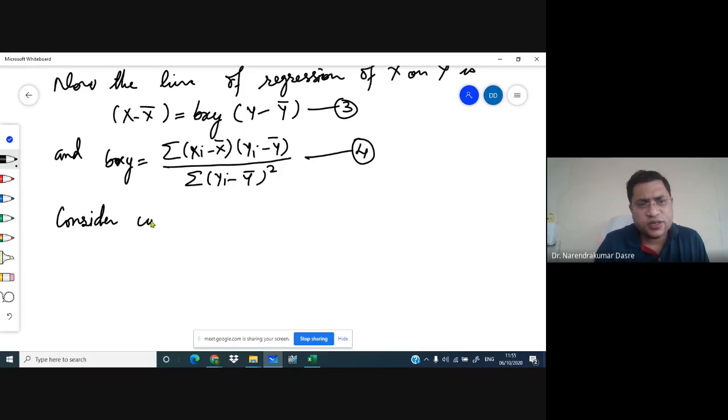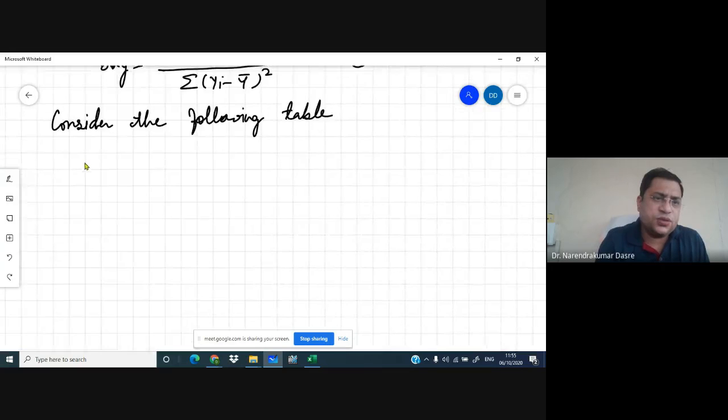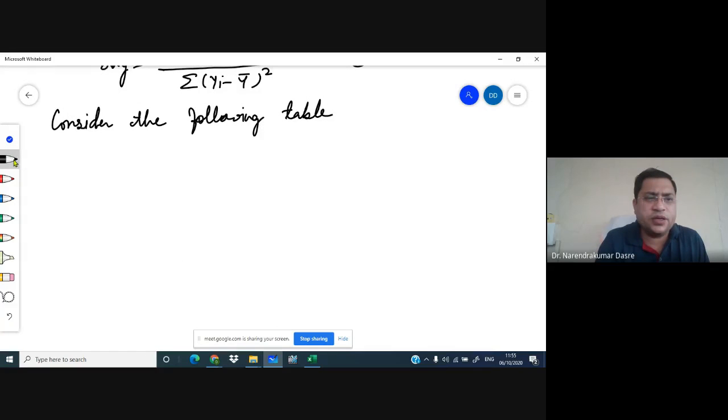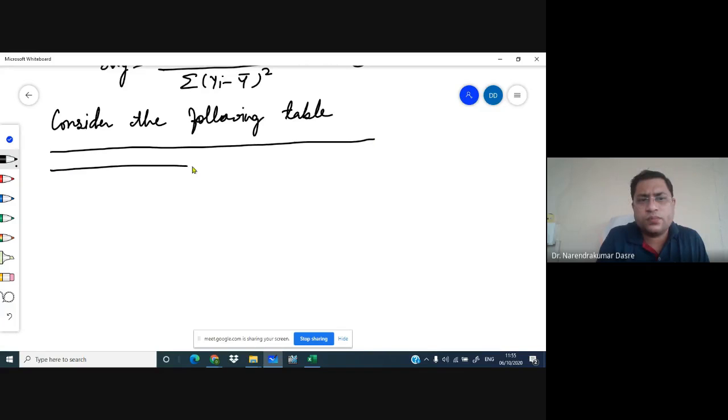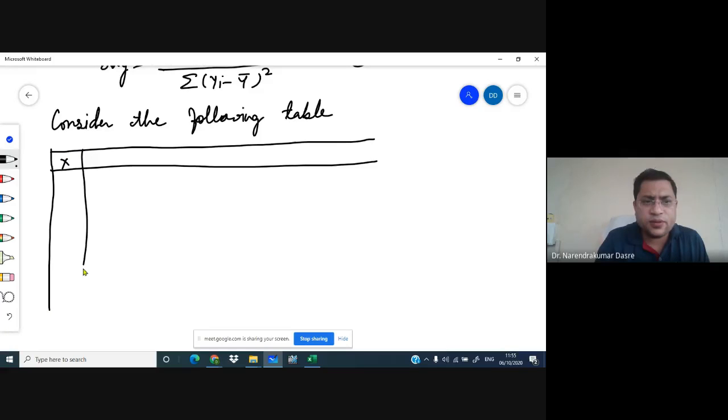So what do you have? Consider the following table. And you have seen that this table is same as the table of R. So we try to have the table here. What are the columns you will be having?